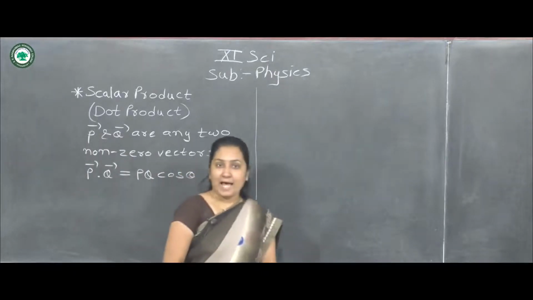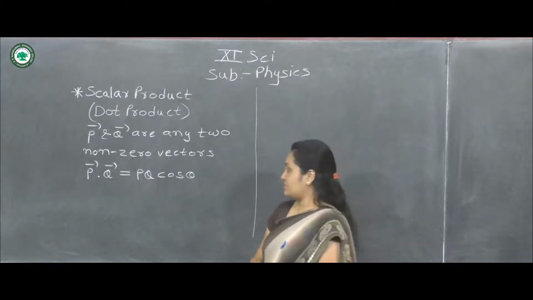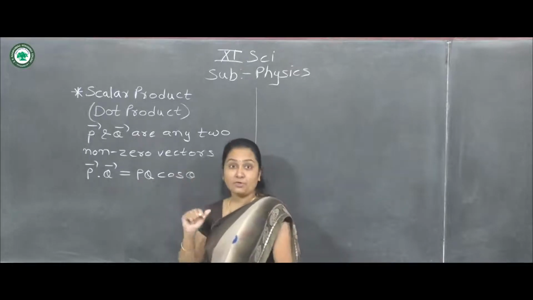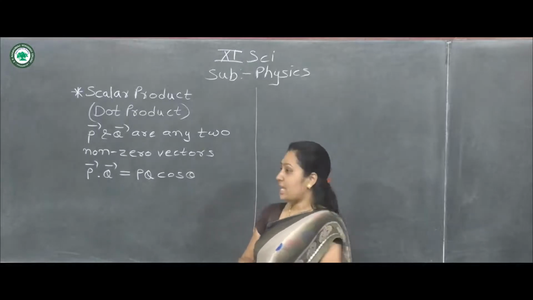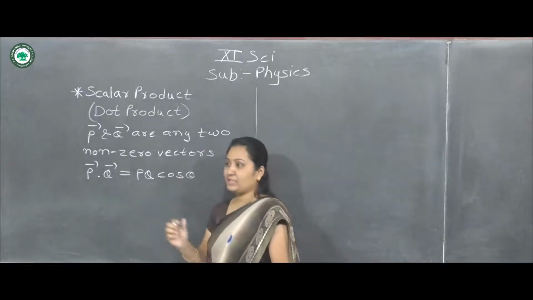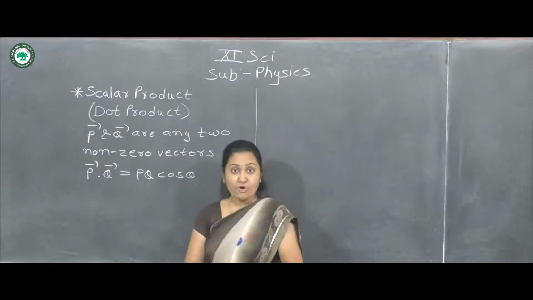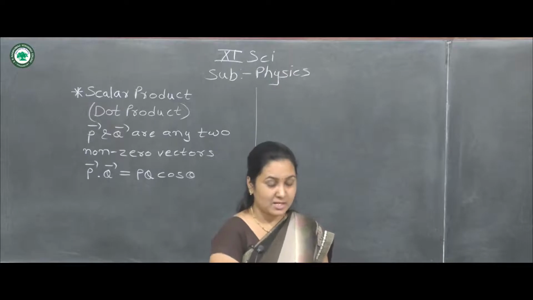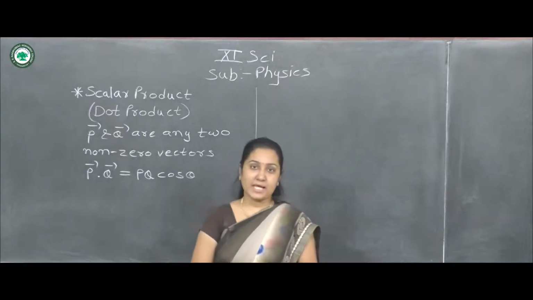So we can say that the scalar or dot product of any two vectors is equal to the product of the magnitudes of these two vectors and the cosine of the angle between them. So this is the formula for the scalar product of any two vectors. Now we are going to study the characteristics of scalar product.